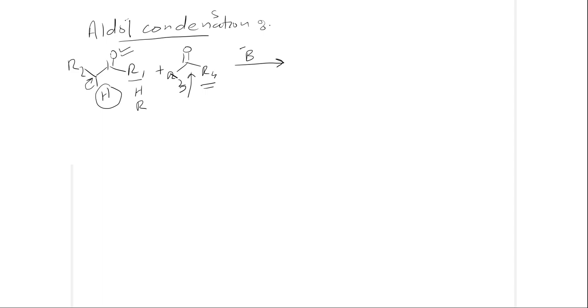What will happen if it attacks this carbonyl carbon? The bond will break towards this oxygen atom. We will discuss this in detail in the reaction mechanism. So this is R3 and this is R4.